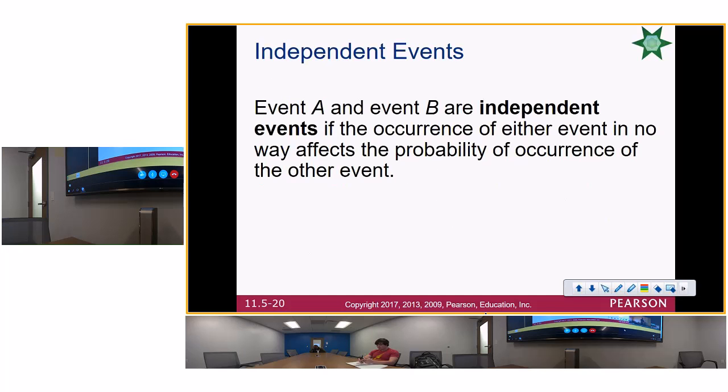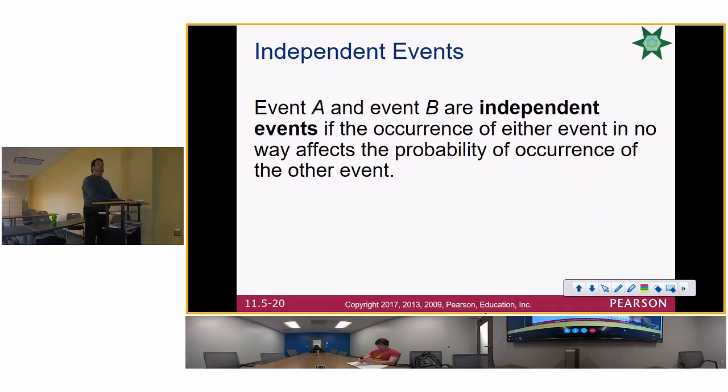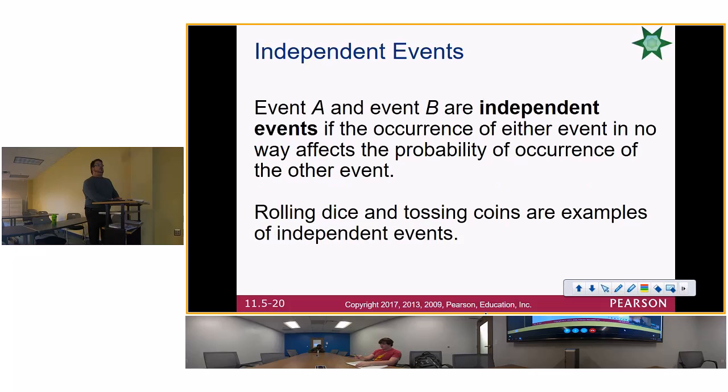Should be the same thing we got. Independent, if it does not affect, that means with replacement. Write that down. With replacement, independent. Rolling a dice and tossing coins are examples of independent. Why? Because you can't change the sides of a die and you can't change the sides of a coin.